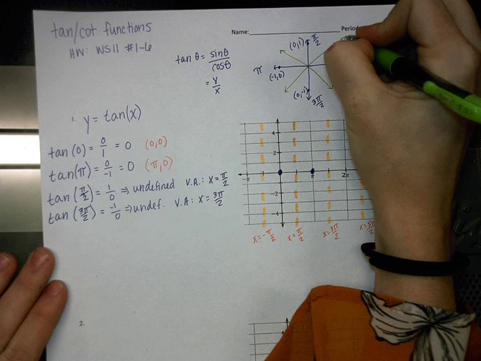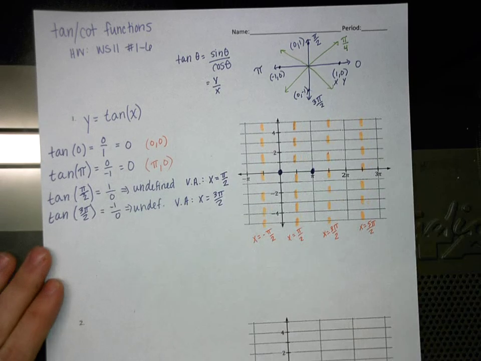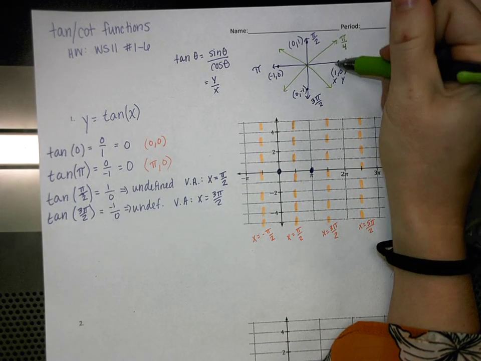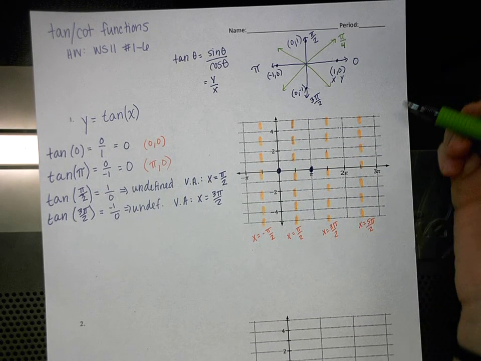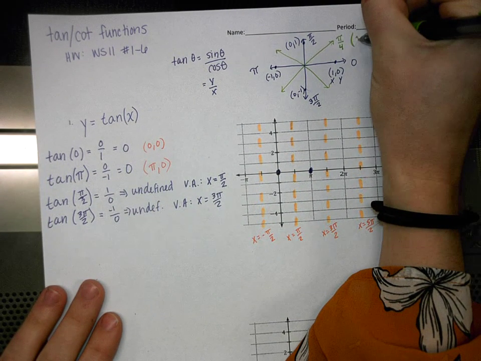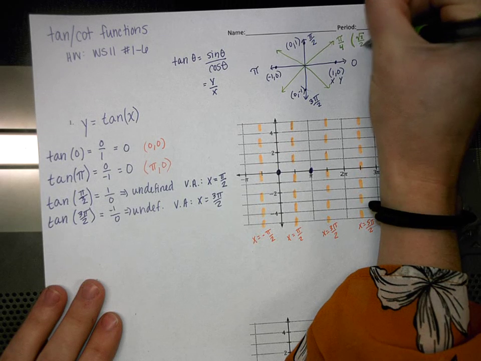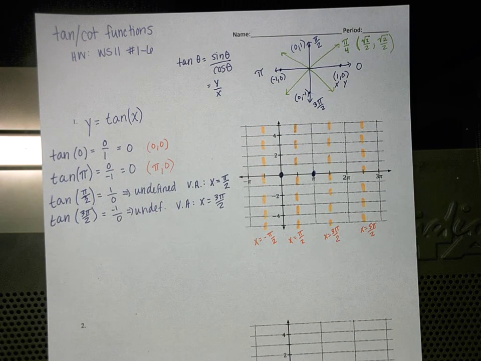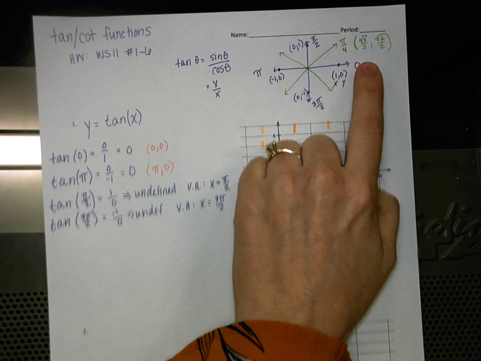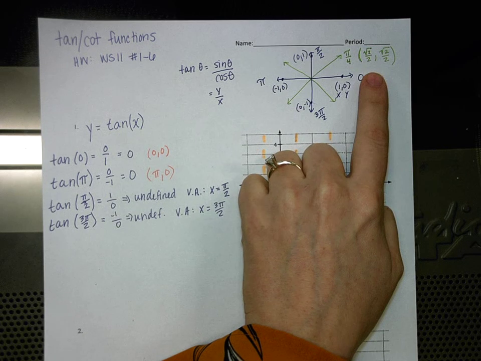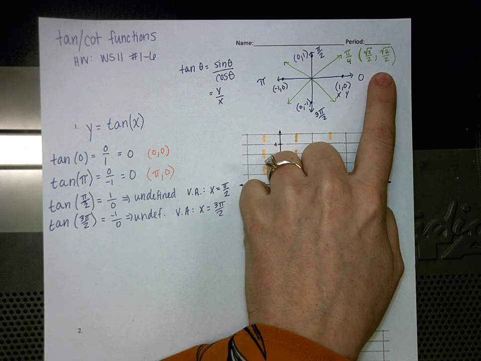Tangent of pi over 4. Pi over 4 is what type of triangle? 45, 45, 90. If I draw it straight down, it's 45, 45, 90, right? So the coordinate at pi over 4 is what? Root 2 over 2, root 2 over 2. Why is that a wonderful one to use for tangent? Because it's 1. Yeah, anything over itself is equal to 1.